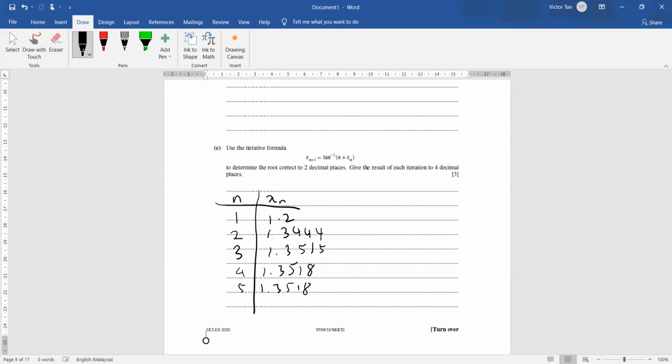Once you get 2 repeated answers, you can make your approximation as 1.35.